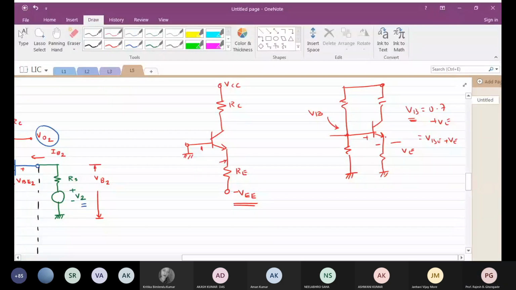The base should be at a greater potential than the emitter. In this case, if the base is grounded, grounded means 0 volts. So, is this base emitter diode forward biased? Yes, sir. How? Base is at a greater potential than the emitter.